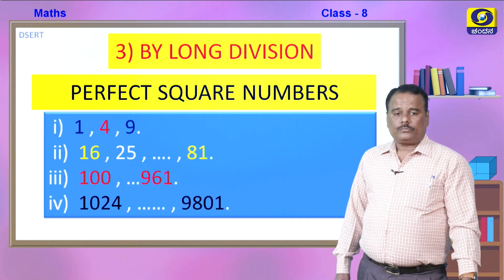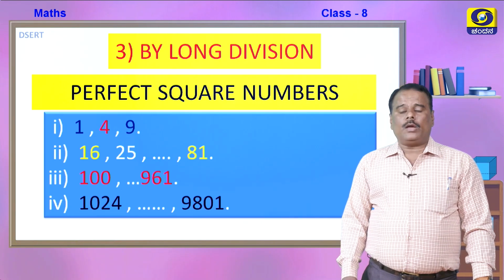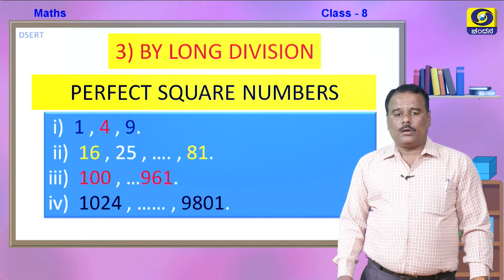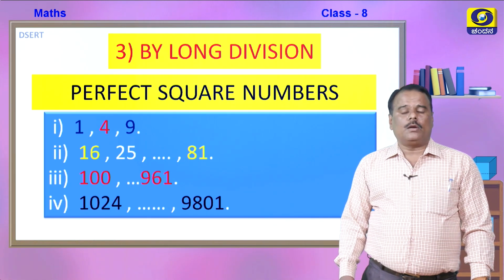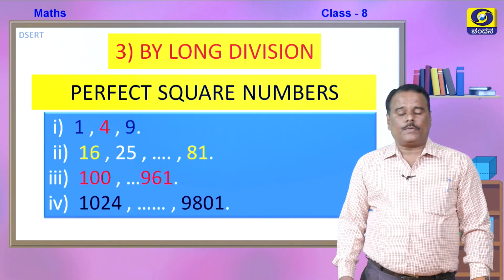Let us consider these perfect squares. In the first group we have single digit perfect square numbers, or one digit perfect square numbers. In the second list we have 2 digit perfect square numbers, in the third list we have 3 digit, and in the fourth list we have 4 digit perfect square numbers.